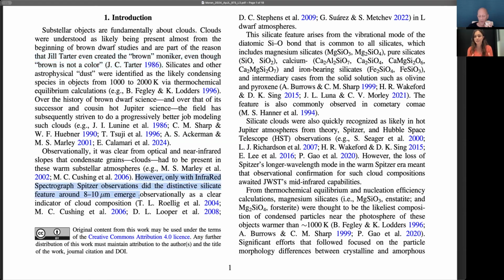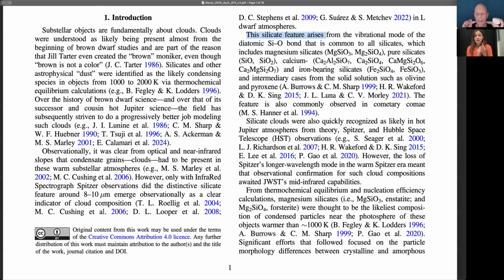You can have many different kinds of silicates. That can be magnesium silicate, you can have calcium and iron bearing silicates, or mixtures in between. All of these have a really sharp feature around the 8 to 10 micron region. All righty. Good, I'm with you.